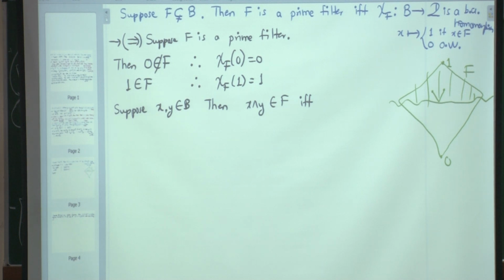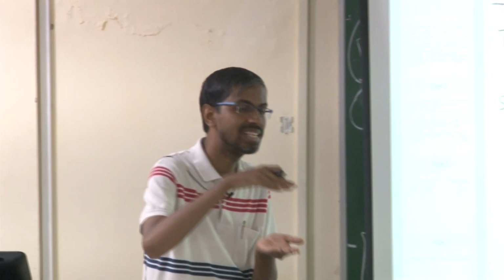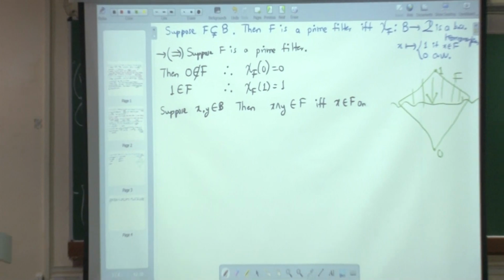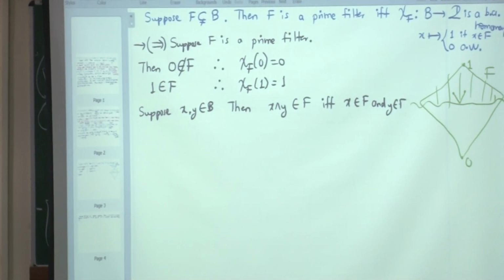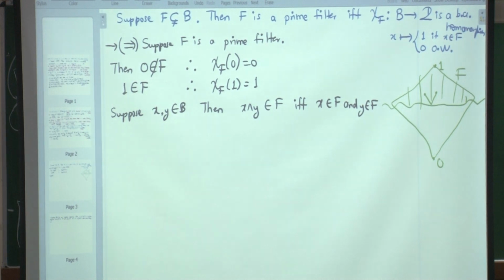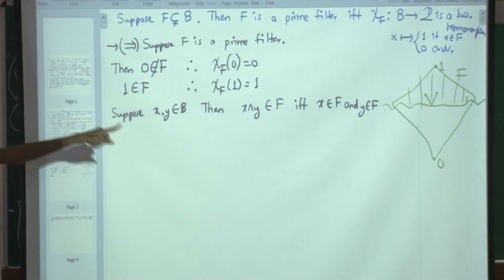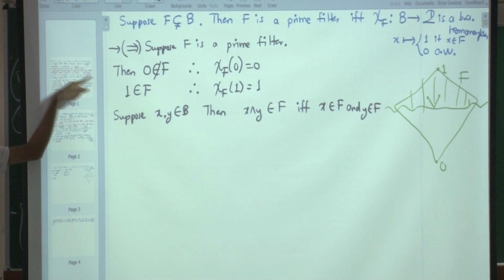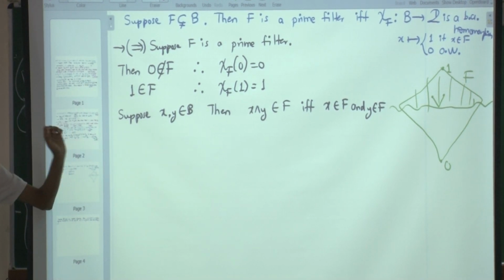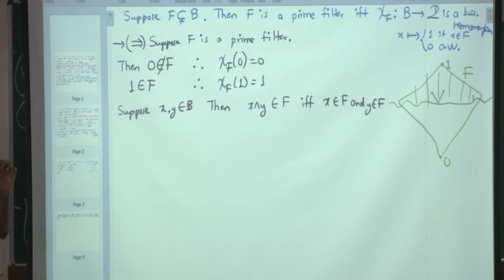See, if x meet y is in F, then x is an upper bound of x meet y, and so is y. So, therefore, x belongs to F and y belongs to F, correct? However, because we are working in a filter, if x belongs to F and y belongs to F, then x meet y also belongs to F. So, this condition actually became if and only if, right?